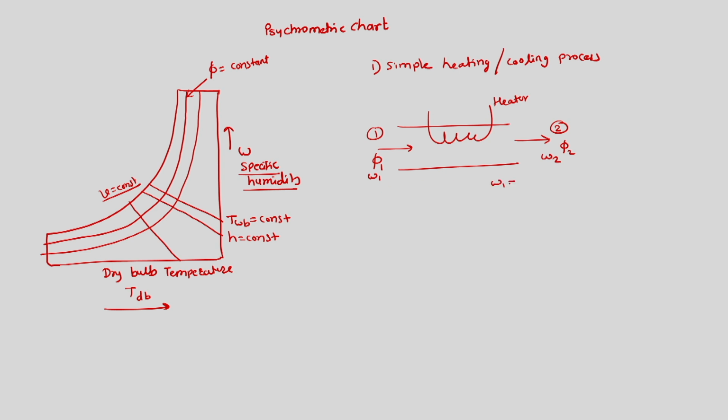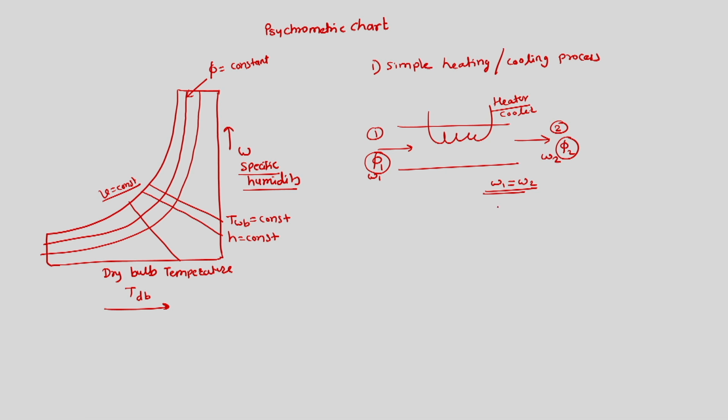Here omega 1 remains equal to omega 2, since specific humidity is not going to change in this process. This is also true for the simple cooling process, where this will be a cooler or cooling coil. However, as we had already seen, heating would increase the temperature and hence the capacity of the air to hold vapor. So this will change the relative humidity at the outlet with respect to inlet.